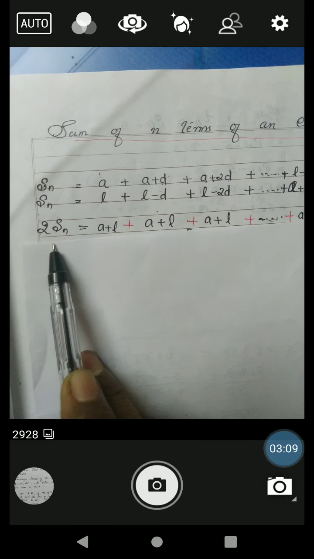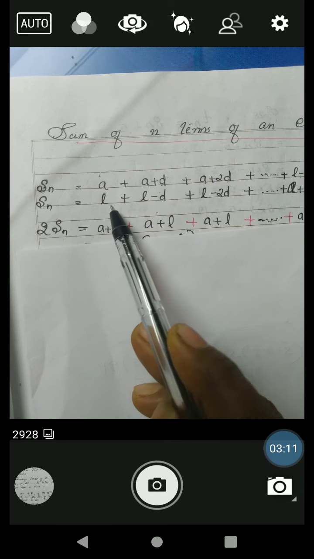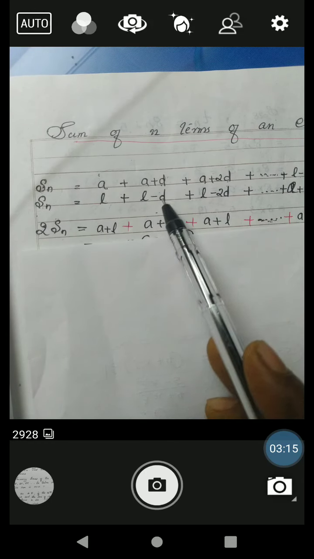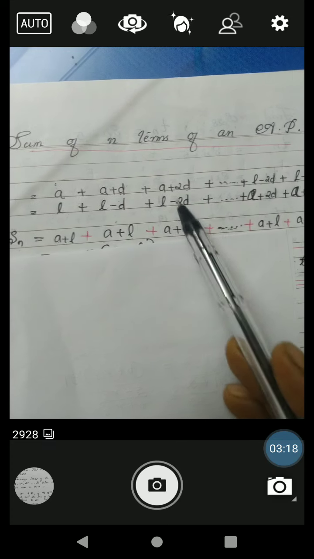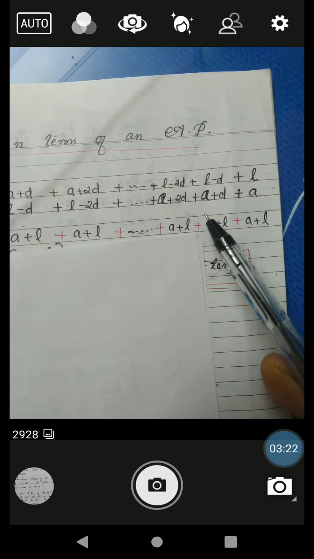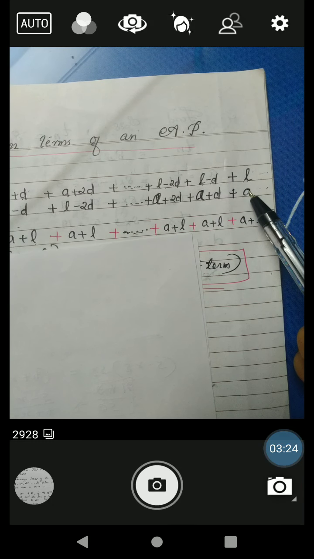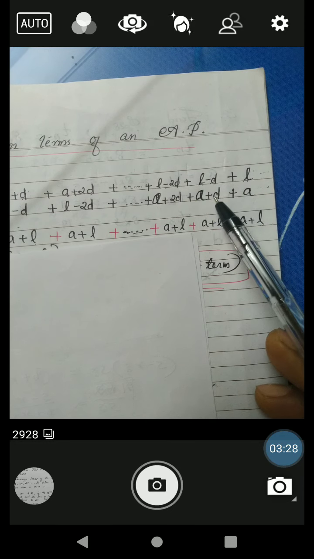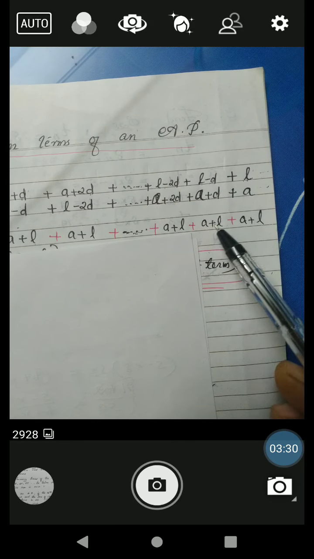Sn plus Sn, 2Sn. Look, you can add these terms: A plus L. Here also, A plus L. In this way, the last term, L plus A, that is A plus L itself. L minus D, A plus D: D and D cancelled, A plus L.